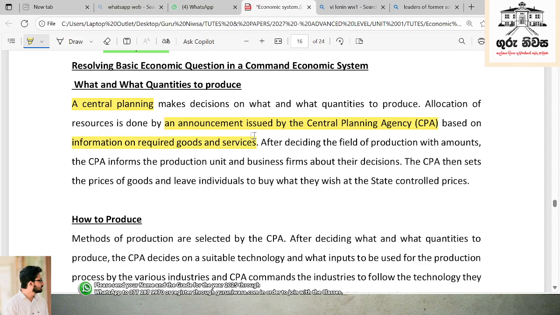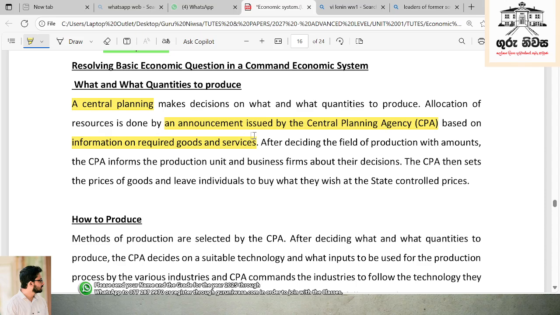Government says, for next year, 1,000 metric tons of rice should be produced, and 500 metric tons of milk powder, and this is the amount we are going to allocate for military spending, and this is the part for education, healthcare.